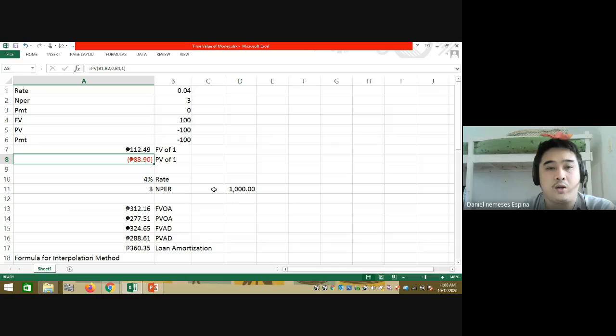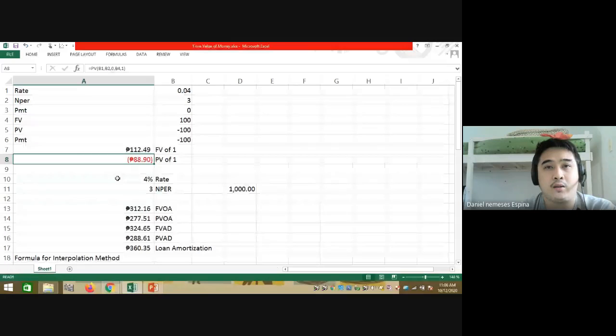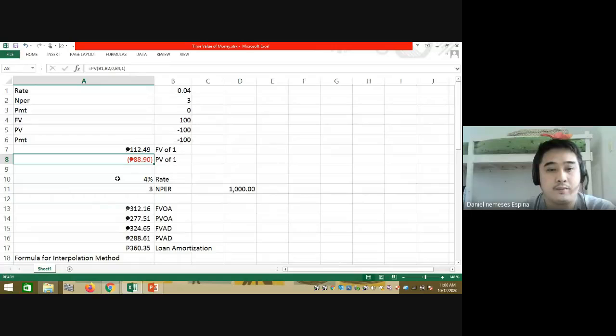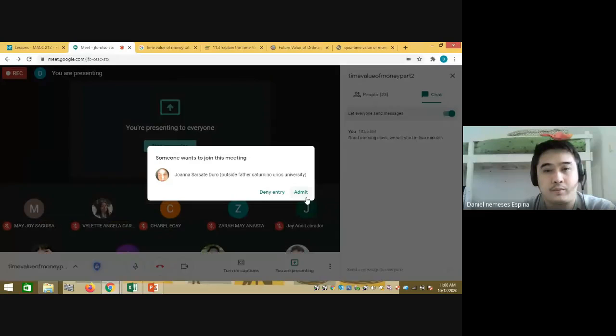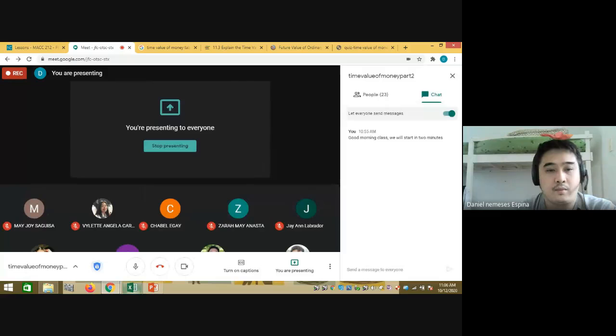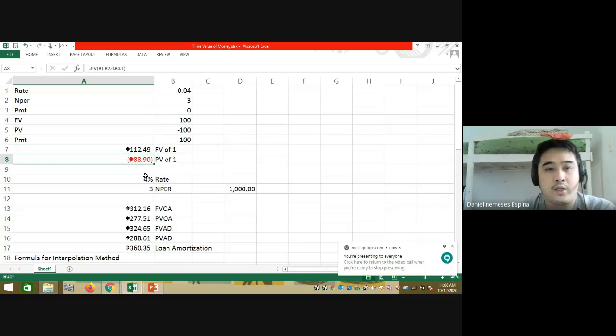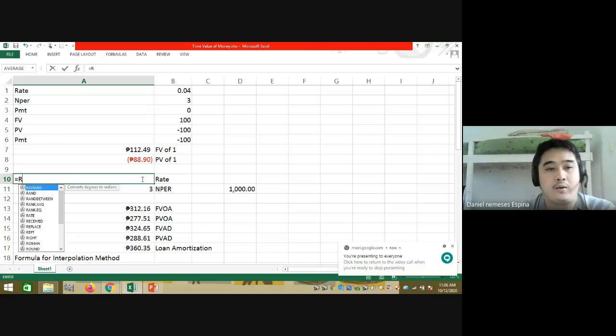So what if you are asked to get the rate? The problem asks to get the rate, or the interest rate. Okay, so to get the rate, equals RATE, open parentheses, NPER, that's 3.